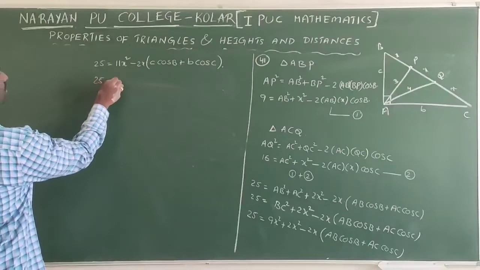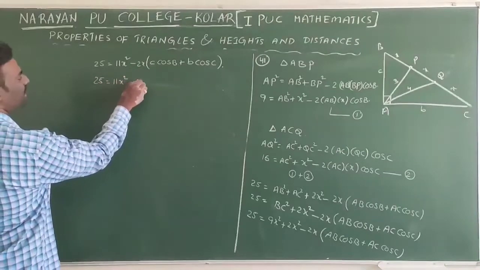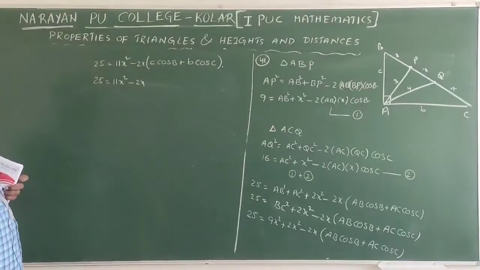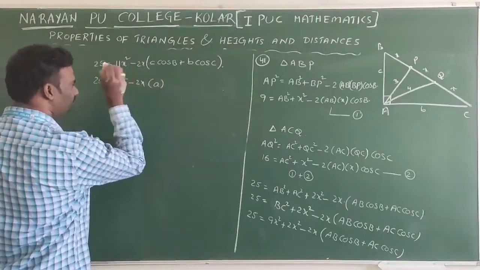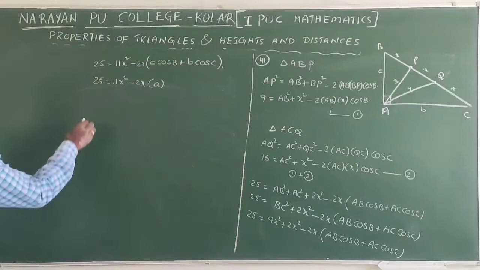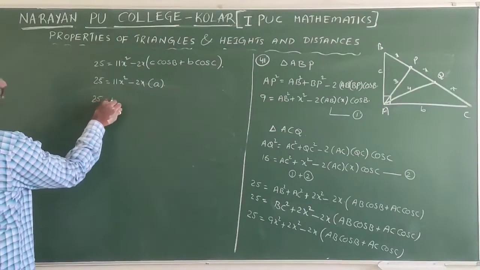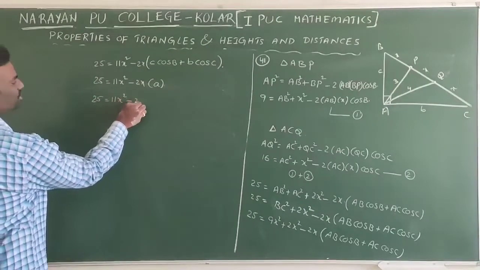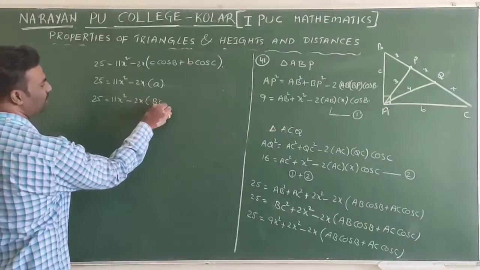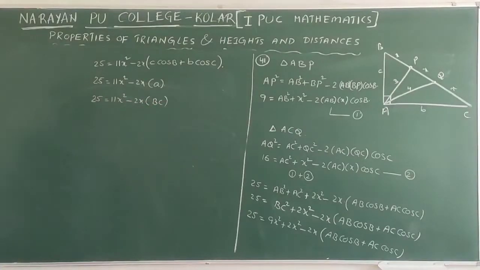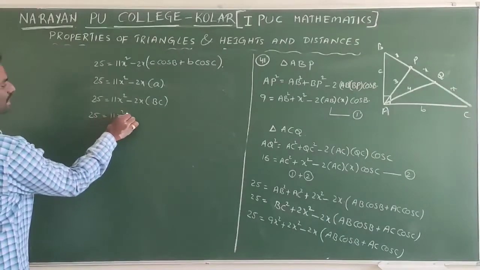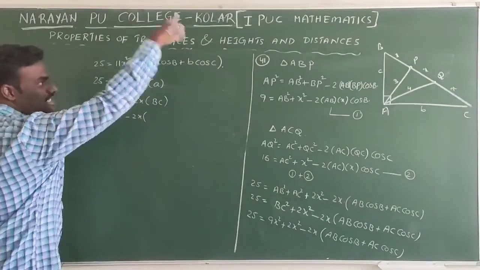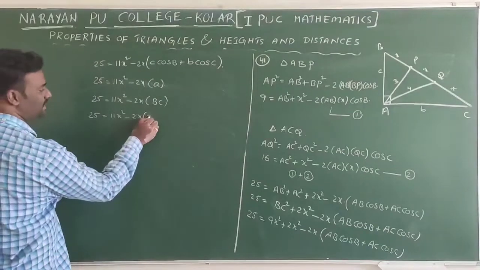25 is equal to 11x square minus 2x. According to the projection rule, b cos C plus c cos B is nothing but small a. Now 25 is equal to 11x square minus 2x into small a, which is the BC length. We already know BC is x plus x plus x, that is 3x.